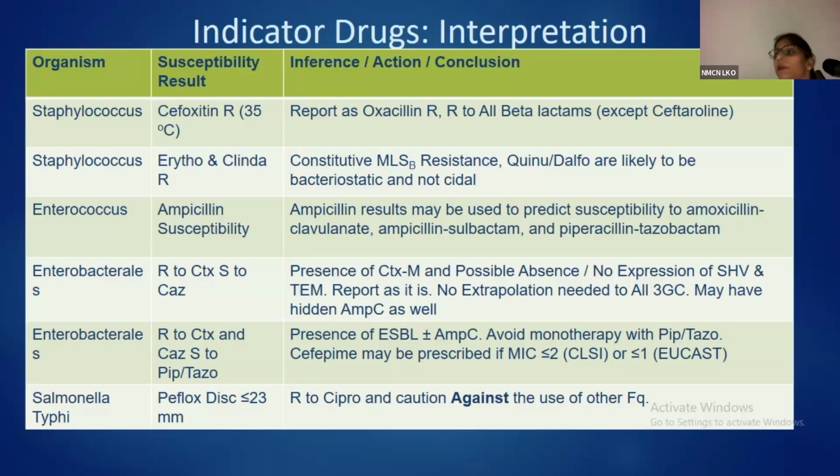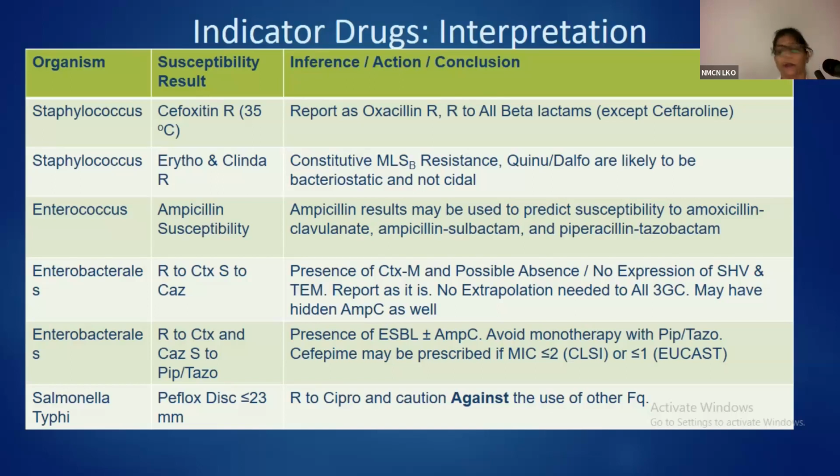So for ESBLs, the CLSI has set such breakpoints that we don't need to extrapolate these results. Whatever drug is sensitive, we report it as sensitive based on the clinical breakpoint, and whatever is coming out to be resistant, we just report it as resistant. Because ESBL testing is not recommended by CLSI anymore. It is recommended only for epidemiological surveillance purposes, not for the patient.